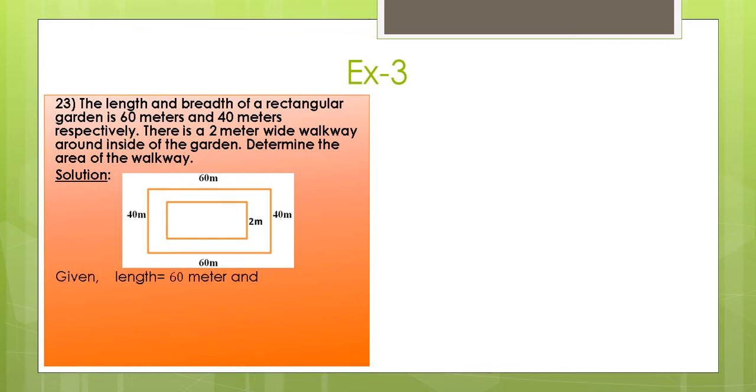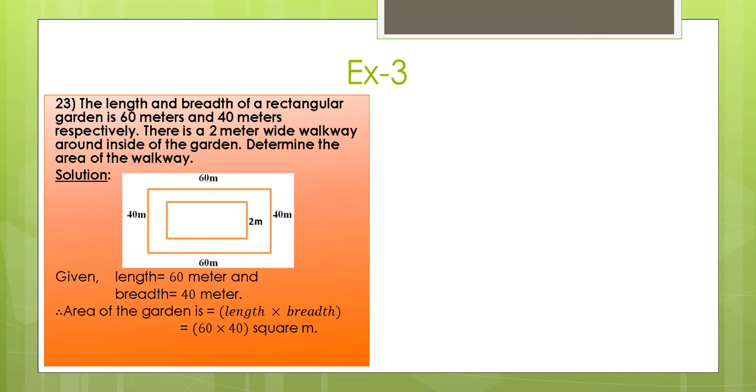Given length equals 60 meter and breadth equals 40 meter from the question. By this information we can find the area of the garden. The area of the garden is length multiplied by breadth, because this garden is a rectangular shaped garden. From the figure we can see length is 60 meter and breadth is 40 meter.